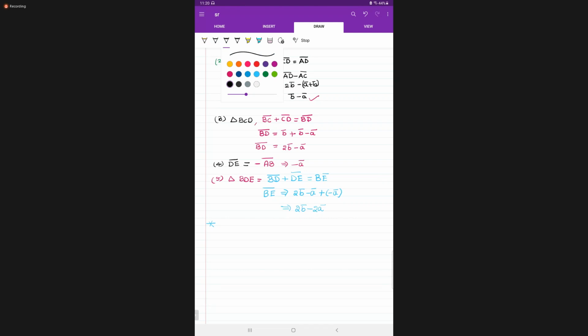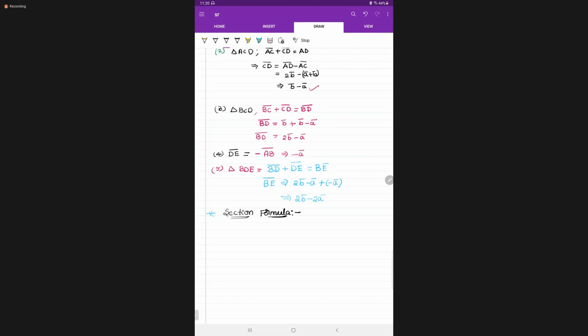Tell me, students, what is the section formula for externally? We proved it already. Girls, respond. For externally, for internally, for midpoint, what is the formula?